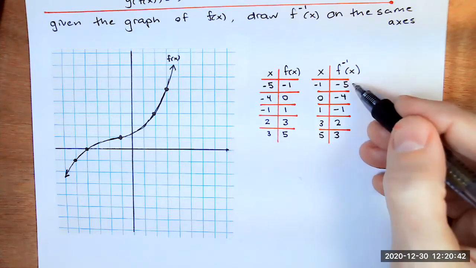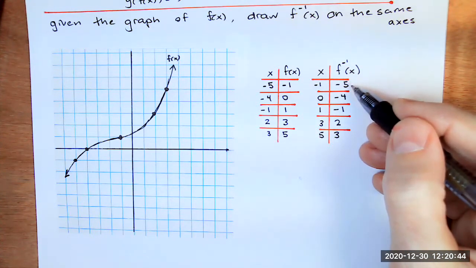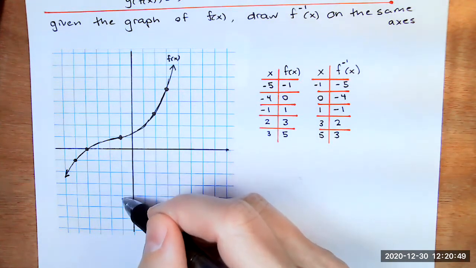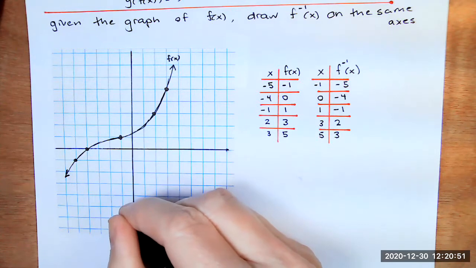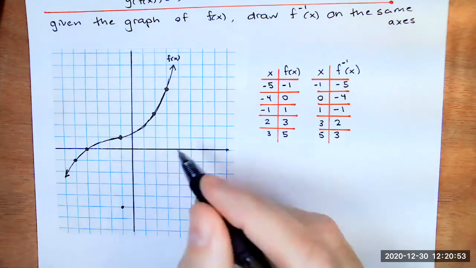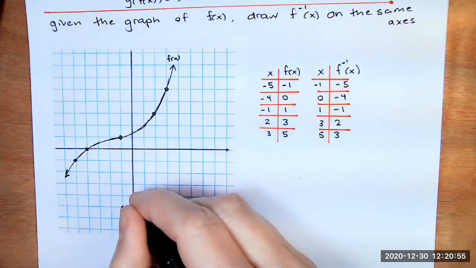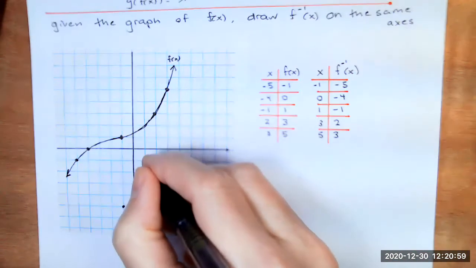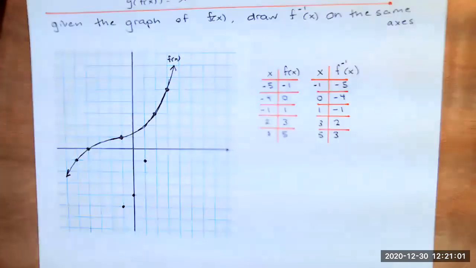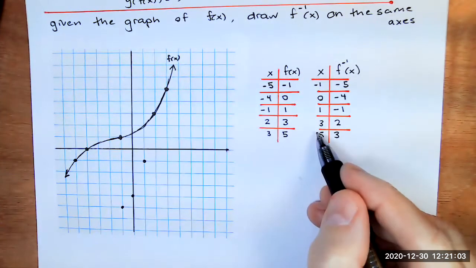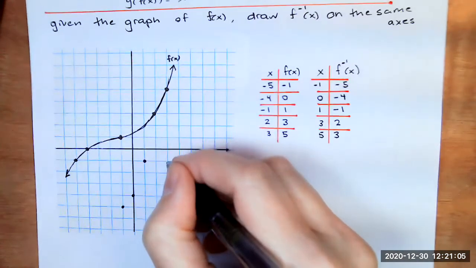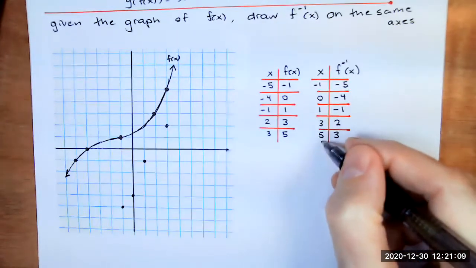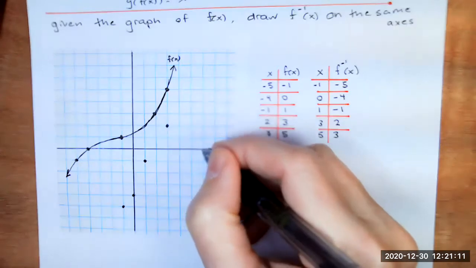All right, so we can start by plotting those points. When x is -1, y will be -5. When x is 0, y is -4. When x is 1, y is -1. When x is 3, y will be 2. When x is 5, y will be 3.